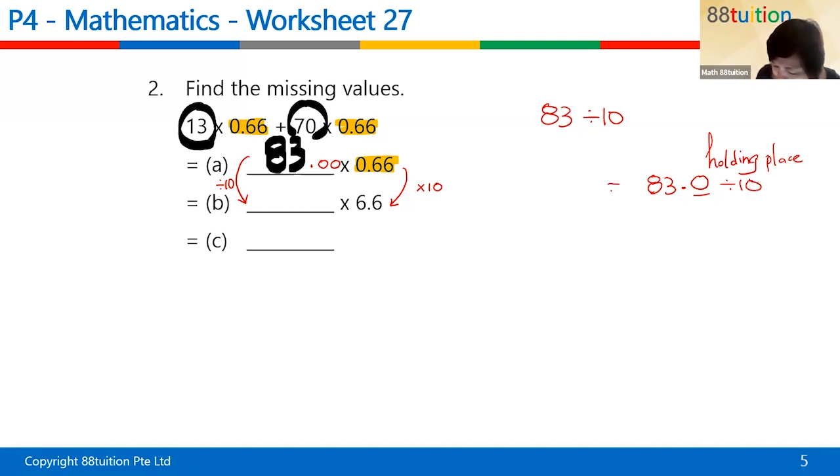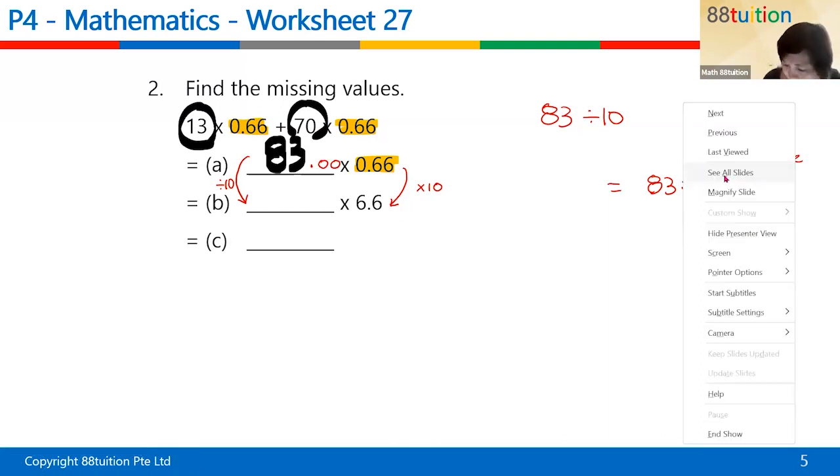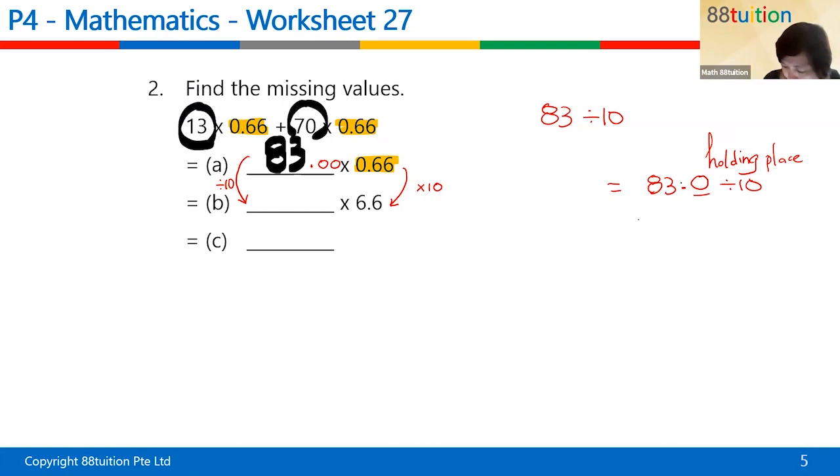If I divide this by 10, I'm going to shift your decimal from where to where? From here to left or right? Ivan, are you able to tell me the answer? How are you going to shift?